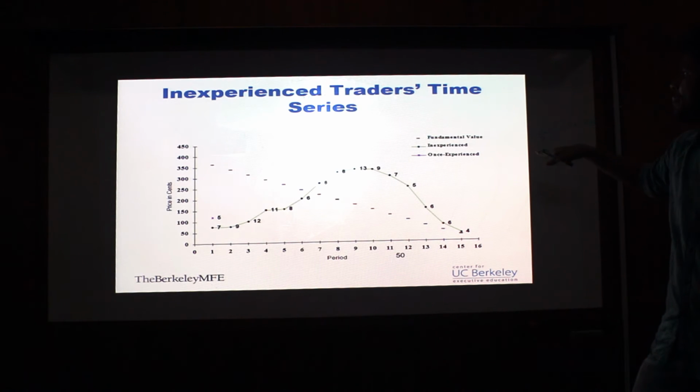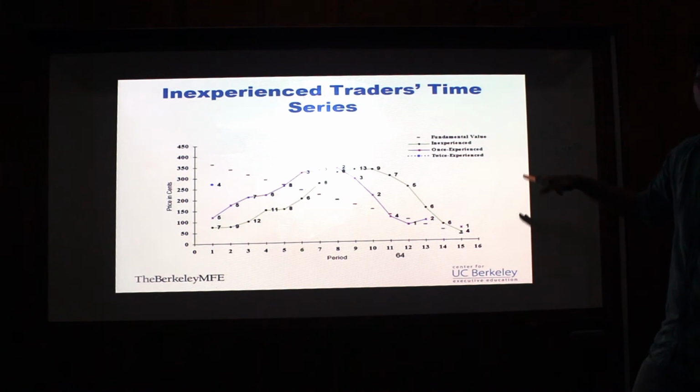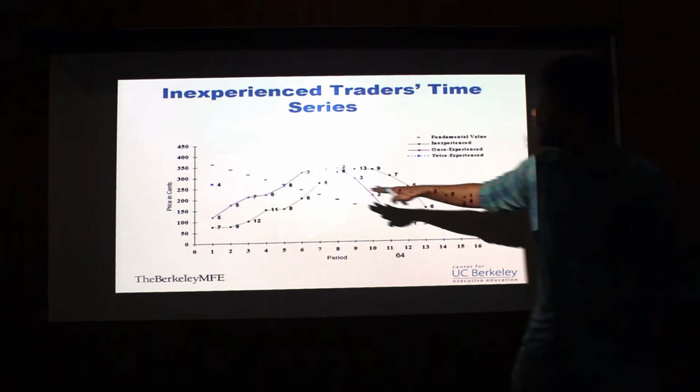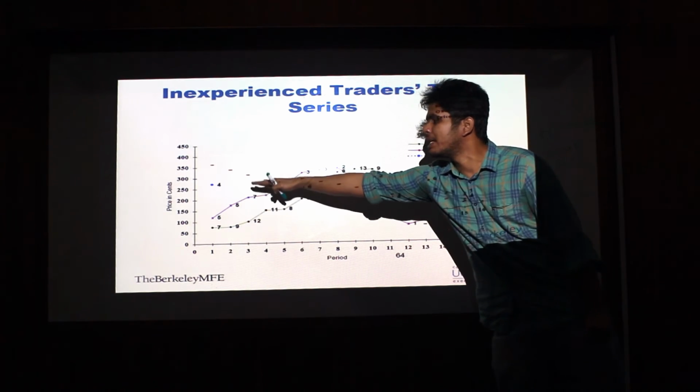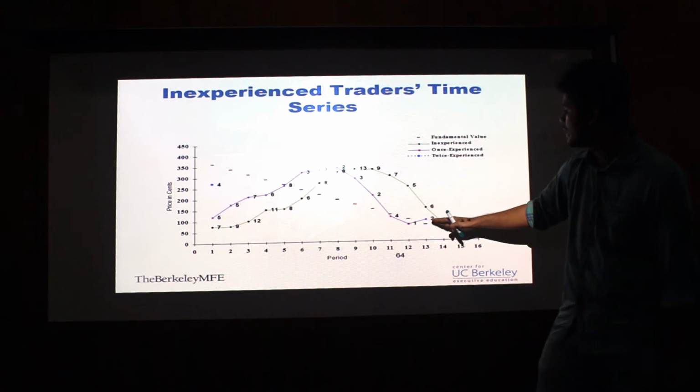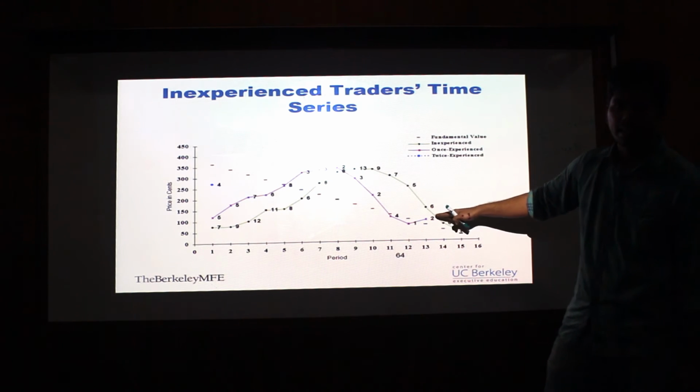When the same experiment is conducted on the same people a second time, the pink line shows that people are better compared to the previous stage. They are a little closer to the fundamental value in the beginning and a little closer at the end also.